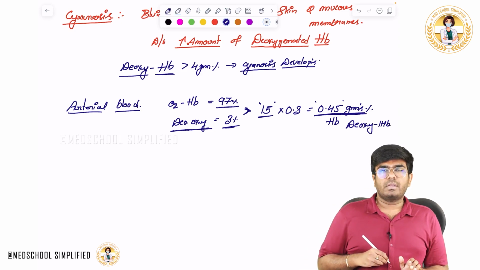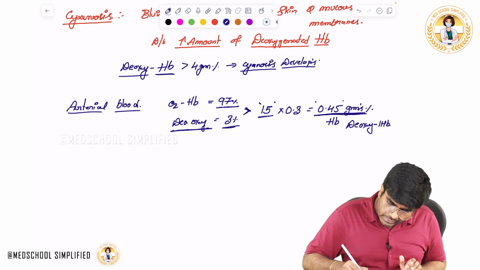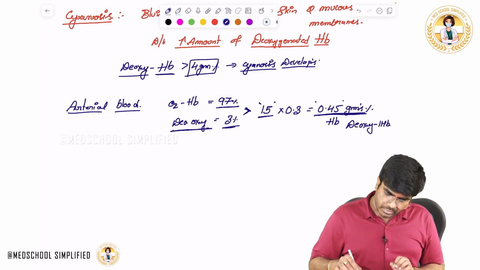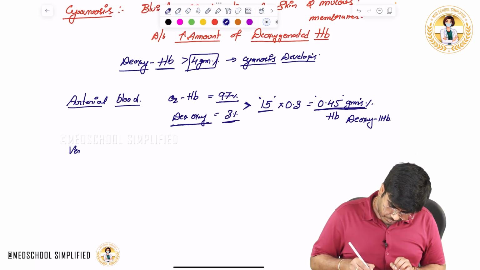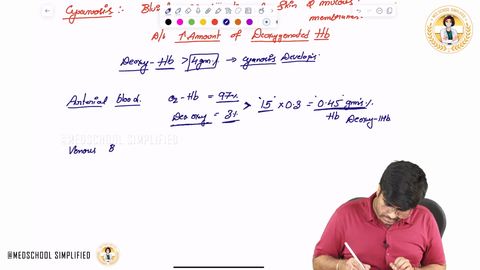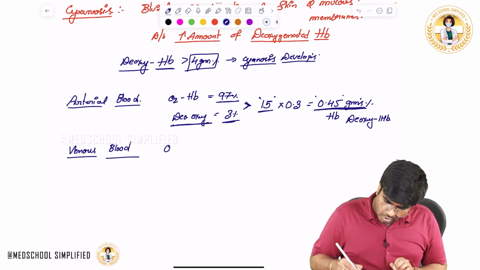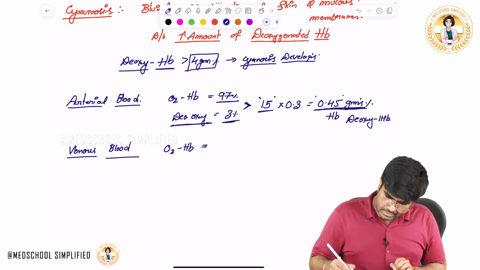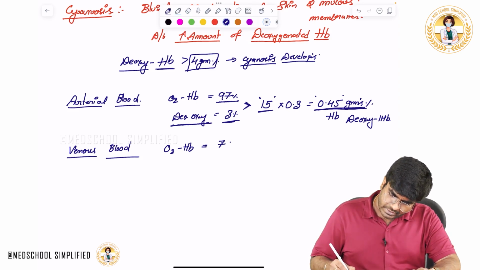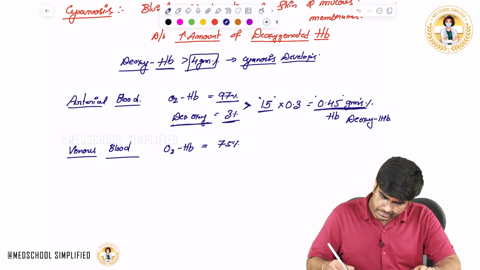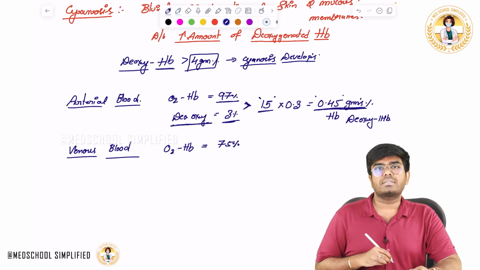Now what I told you: if your deoxyhemoglobin is more than 4 grams, then cyanosis develops. Now for example, let's see venous blood. In venous blood, how much oxyhemoglobin is there? 75%.